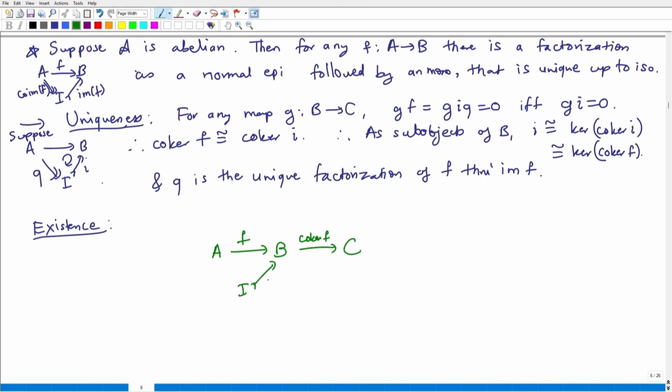So this is, let's say, I equal to image of F. Then because co-kernel F composed with F is equal to 0, I must have a factorization of F through I. Yeah, F must factor through I, because co-kernel F composed with F is equal to 0. Still with me?